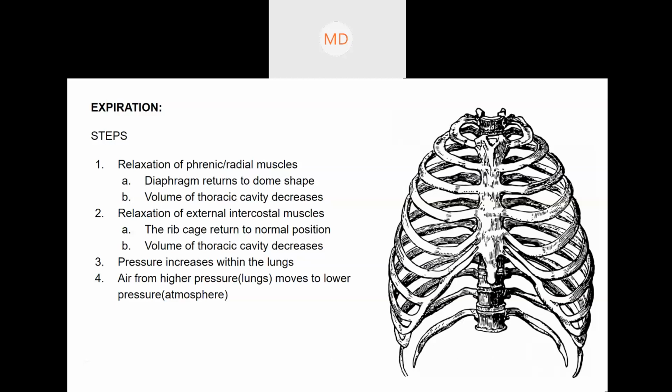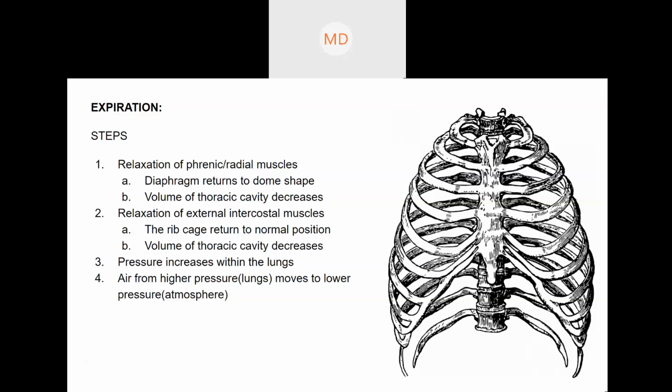Then next will be relaxation of the external intercostal muscles. When these muscles relax, the space between the ribs will be more, and they will come back inside to their original position. When they come back to their original position, the thoracic cavity volume will decrease, and when volume decreases, pressure will increase. It is the same as when 100 of you are put inside a small room, the pressure will increase, right?